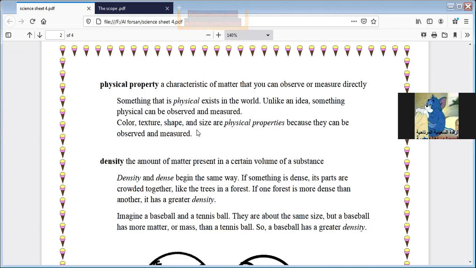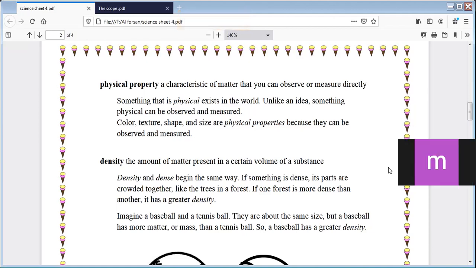What about the size? Small. If we compare the size of an apple and a watermelon, the watermelon is bigger and the apple is smaller. What do we call all of that: color, texture, shape, and size? Physical properties.